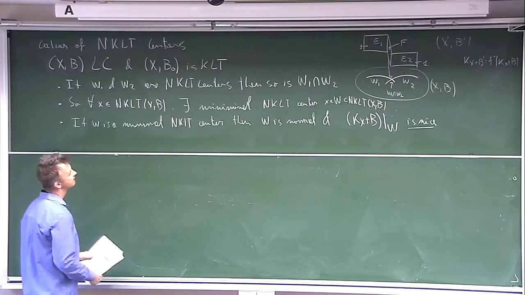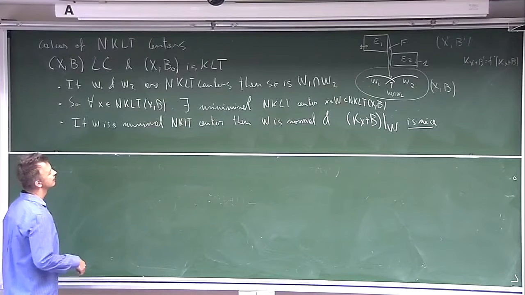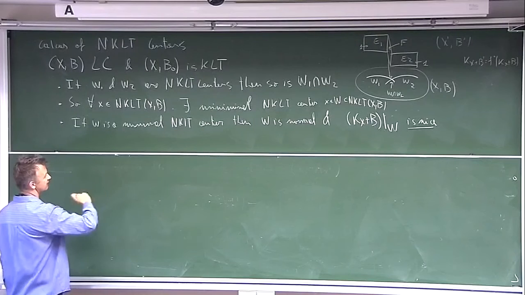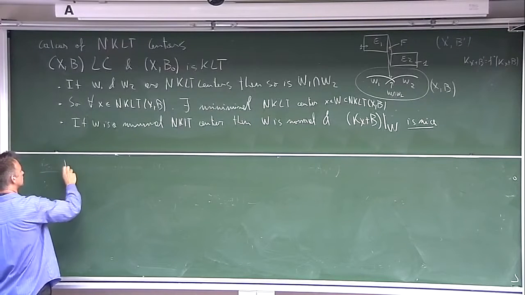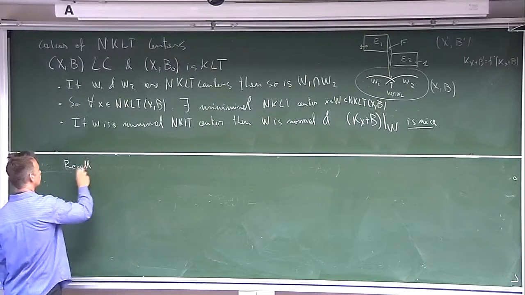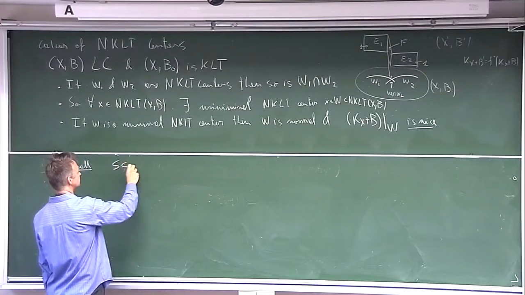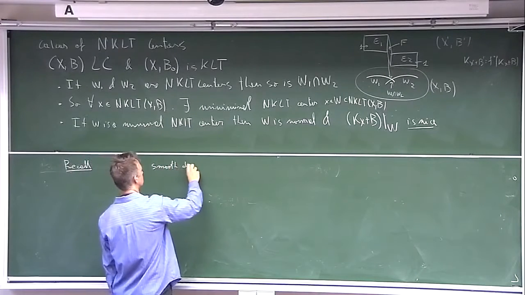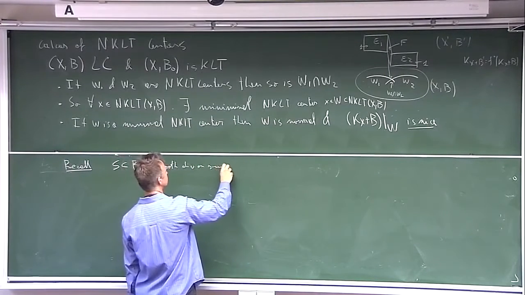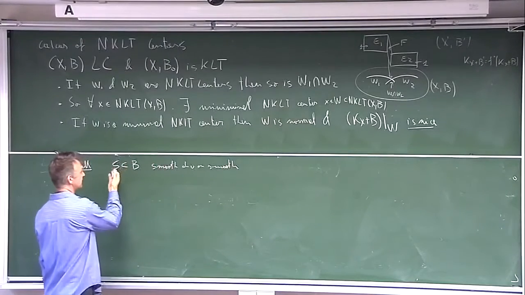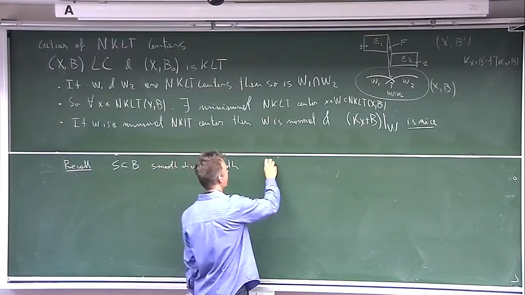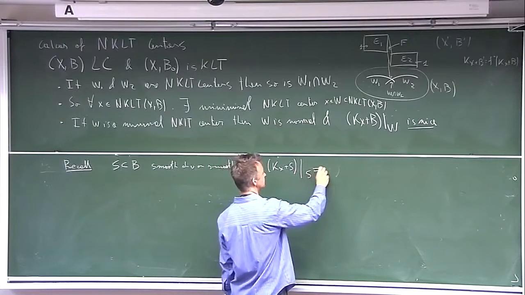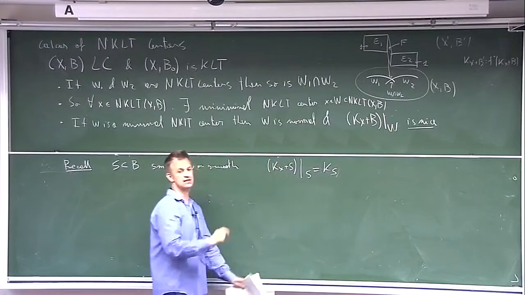Well, let's say, before I state the Kawamata subadjunction result, one thing I did mention: if S contained in B is a smooth divisor on a smooth variety, then this is a minimal log canonical center of the pair K_X plus S, and when we restrict this to S, we get the canonical class of S. So that's definitely nice.